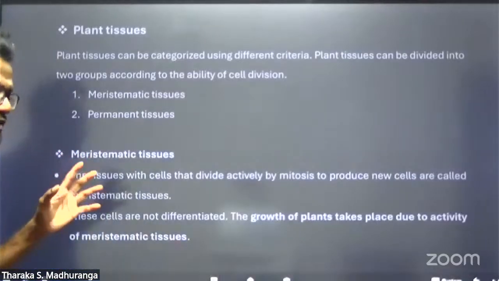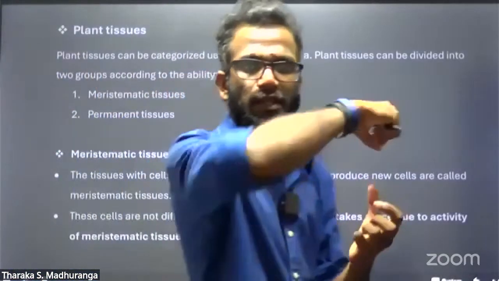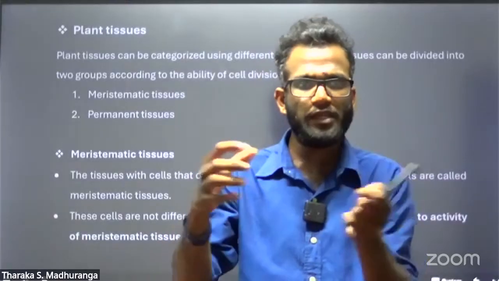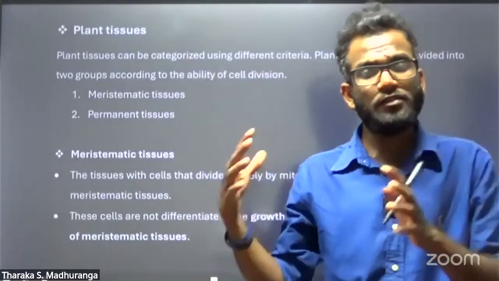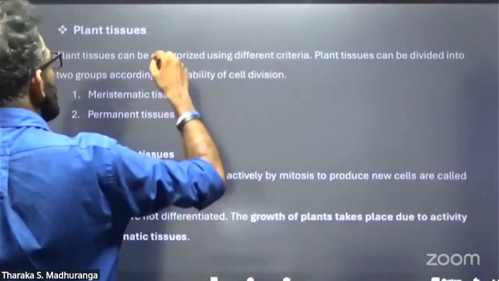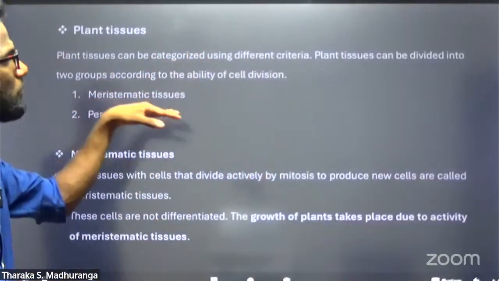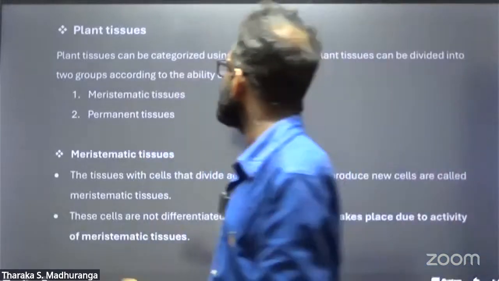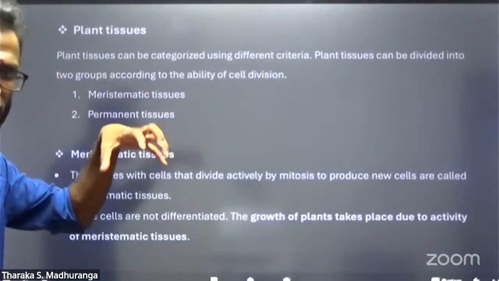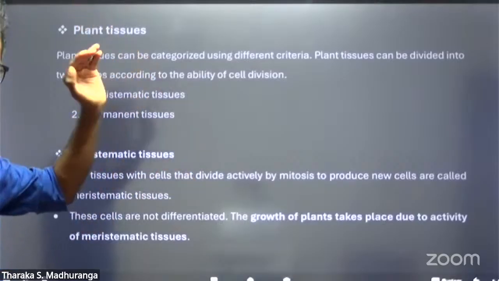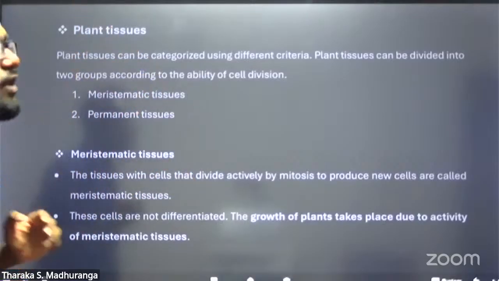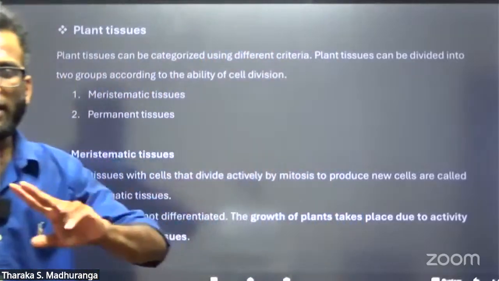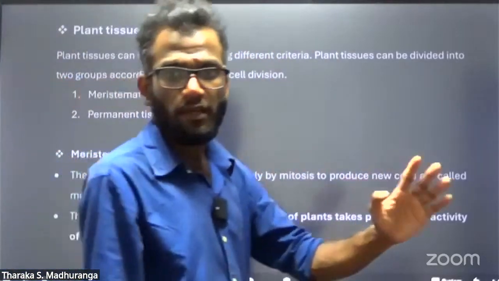After that, by combining many sets of cells, categorized using different criteria, it produces plant tissues. In this part we are only discussing plant tissues, not animal tissues. Plant tissues can be divided into two main types, as we discussed last day.